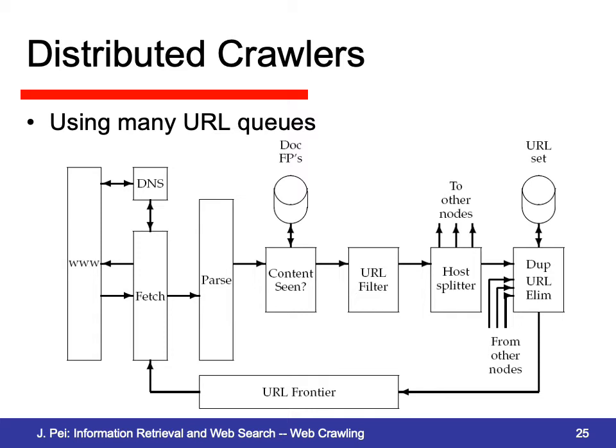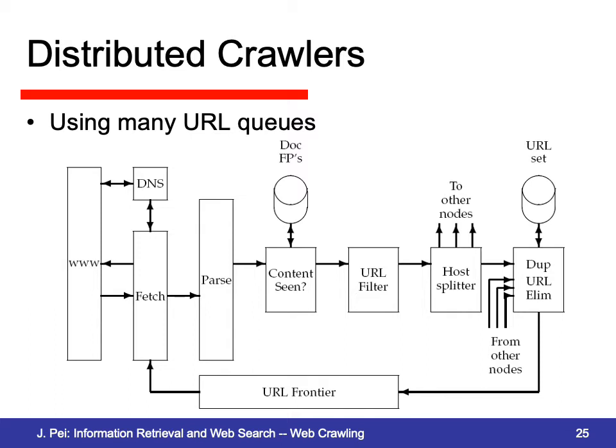Following the URL filter, we use a host splitter to dispatch each surviving URL to the crawler node responsible for the URL. Thus, the set of hosts being crawled is partitioned among those nodes. This modified workflow is shown in this figure. The output of the host splitter goes into the duplicate URL eliminator block of each other node in the distributed system.